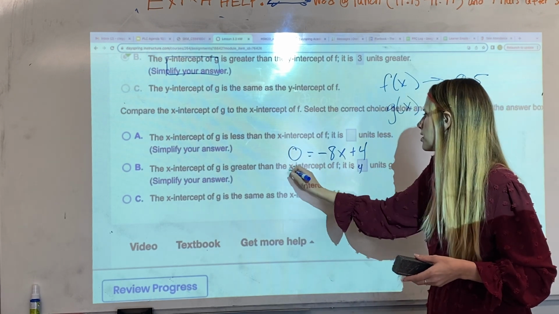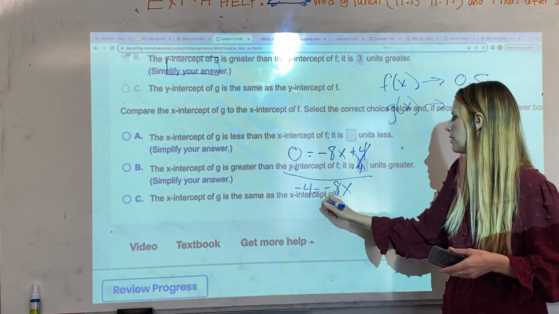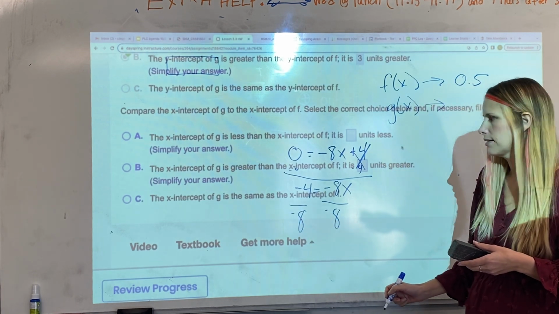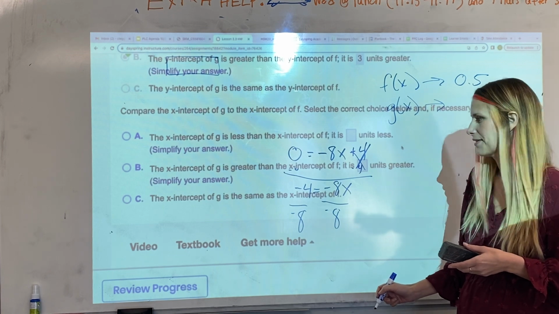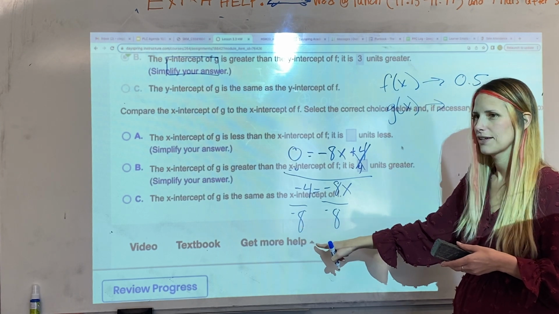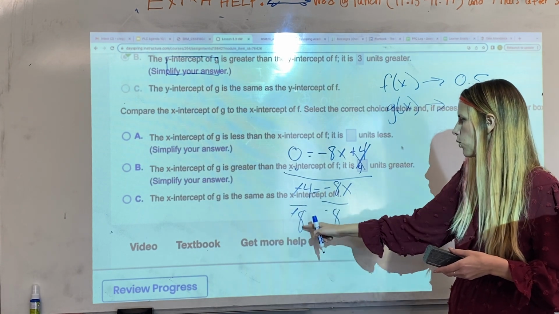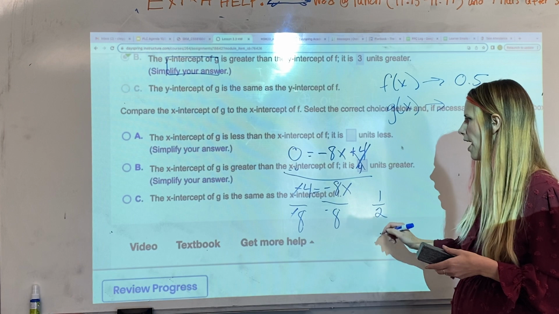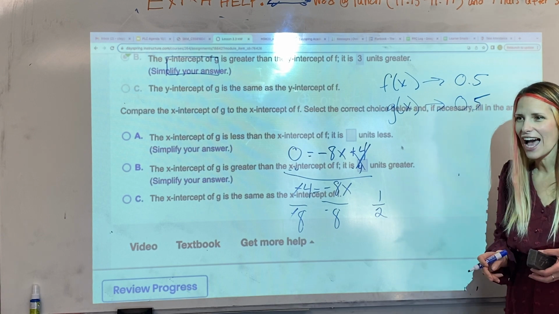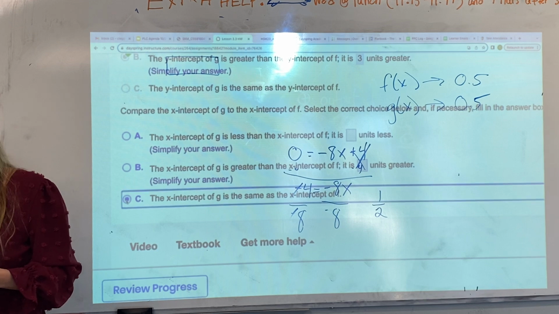We subtract 4 and get negative 4 equals negative 8x. Divide by negative 8 on both sides, and we get negative 4 over negative 8. The negatives cancel out, and we have 4 over 8, which is 1/2. Is it greater, less, or the same? It's C, the same, because 0.5 is the same as 1/2. Very good, it's exactly the same. The x-intercept is exactly the same. Very good, Callie.